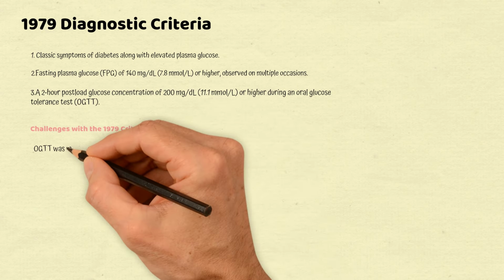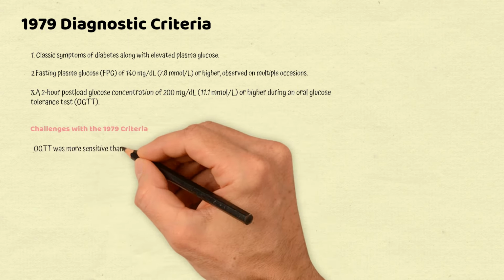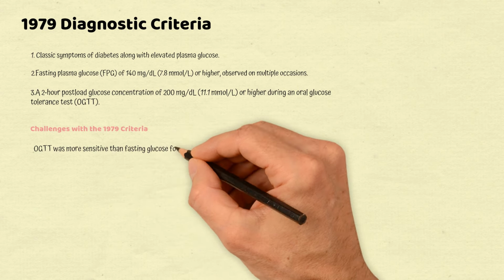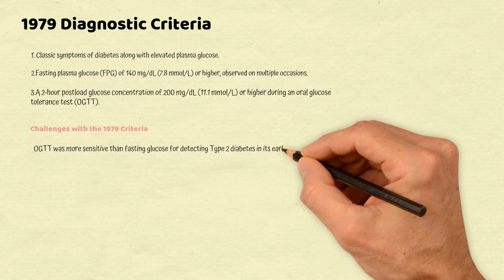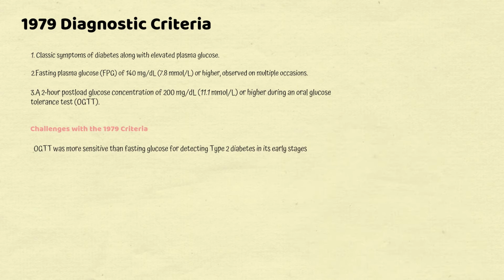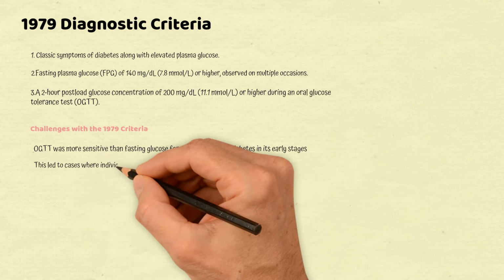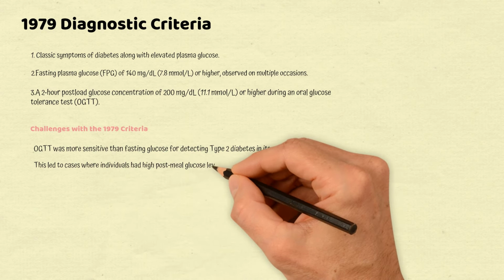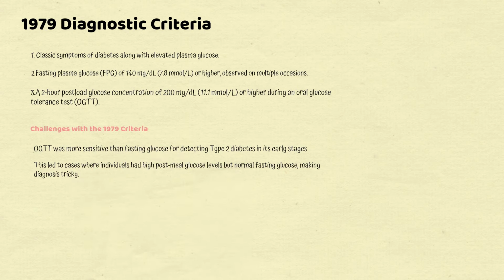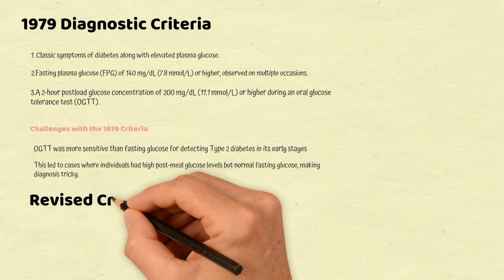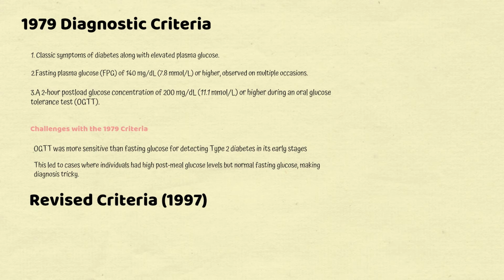For instance, the OGTT, or oral glucose tolerance test, was more sensitive than fasting glucose for detecting type 2 diabetes in its early stages. This led to cases where individuals had high post-meal glucose levels but normal fasting glucose, making diagnosis tricky. In 1997, the criteria were revised to improve early detection.